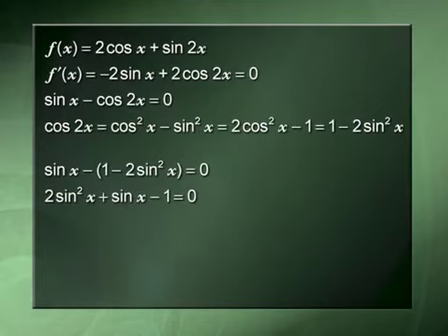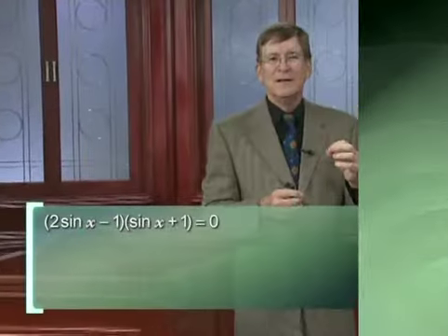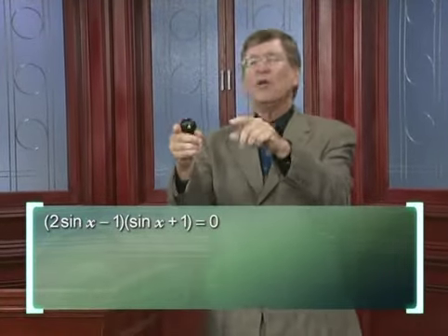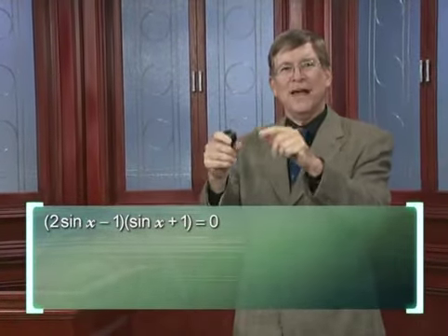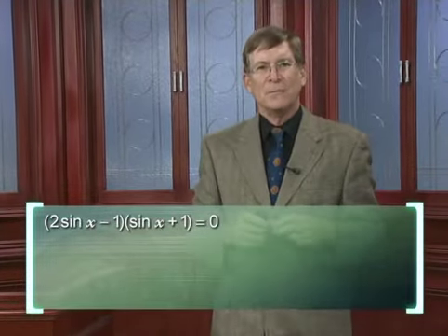Wow, well, that's a polynomial in the variable sine x. You can factor that. It's 2 sine x minus 1 times the quantity sine x plus 1. Check yourself, multiply out that factored form, and you'll get the original problem.